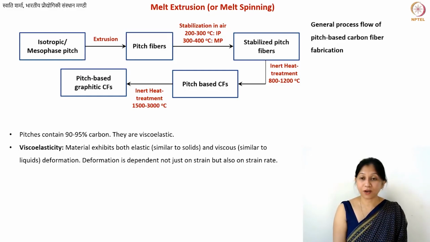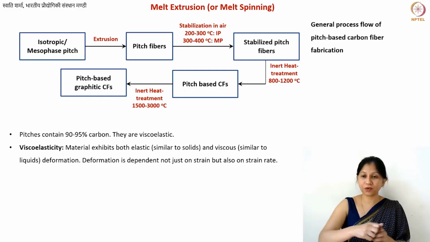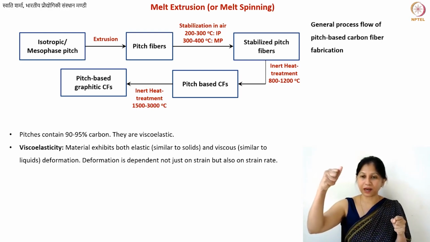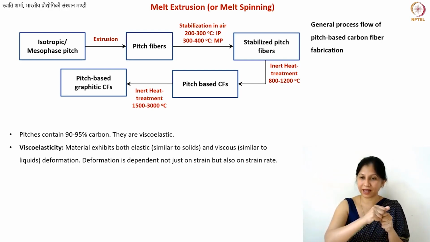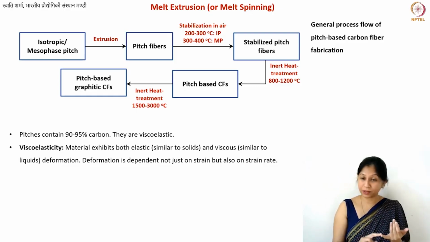Elasticity is a property of solid materials. Elasticity means if you deform the material, it will come back to its normal place as soon as you leave it, like a rubber band. And that is the elastic property. That is a property of solids. Viscosity is a property of liquids. This is the resistance to the applied force that a liquid offers.